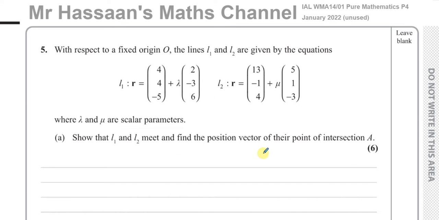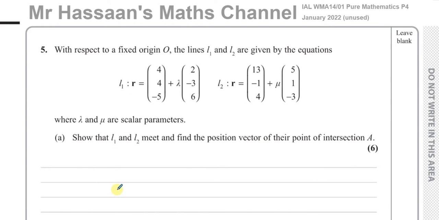You just have to find the position of where they meet. You assume that they do meet because you're told that they do, and then you can use that assumption to find the point of intersection. In this question, we have to first prove that they meet and then find the point of intersection.